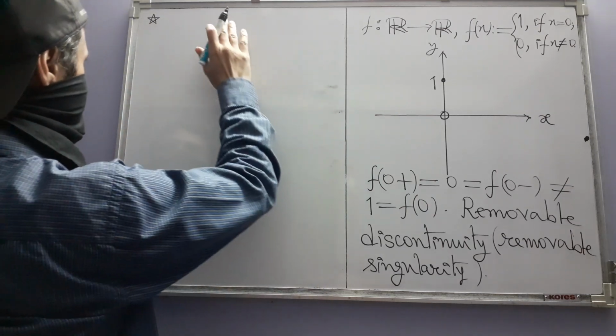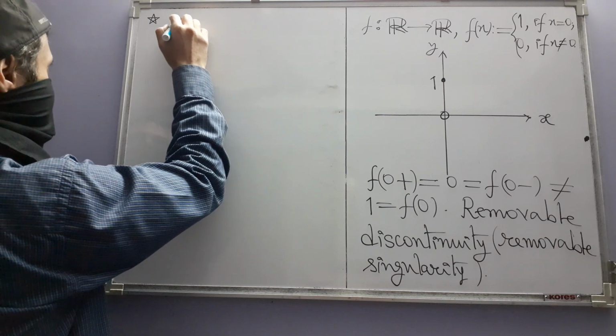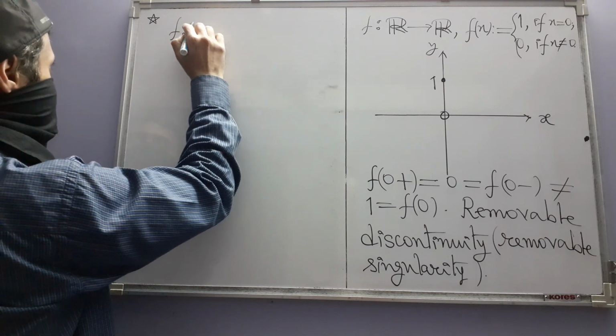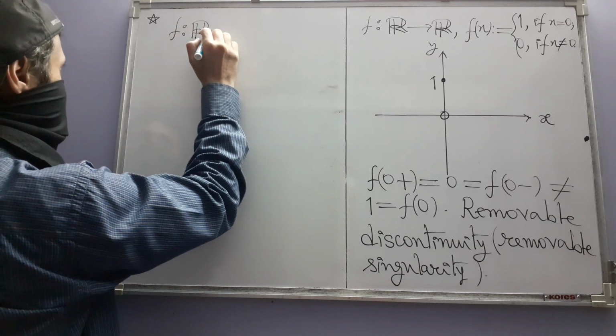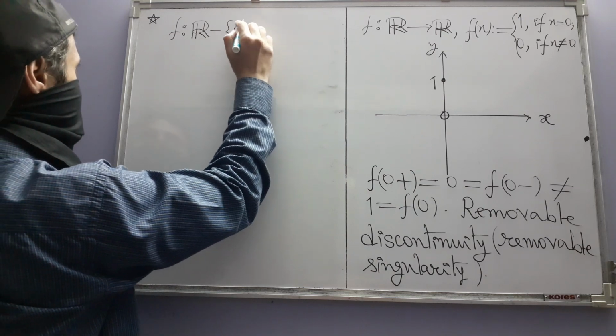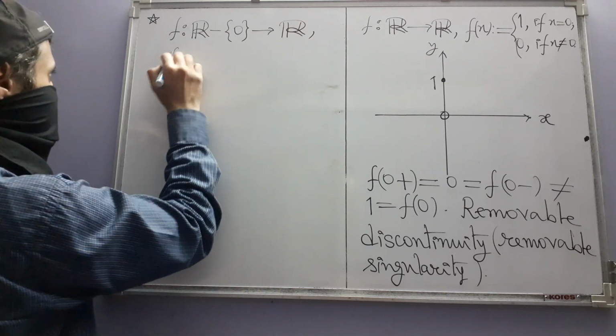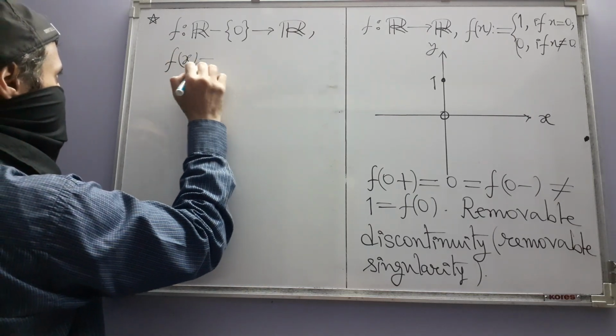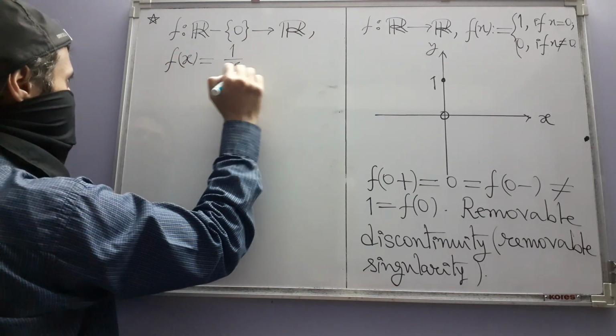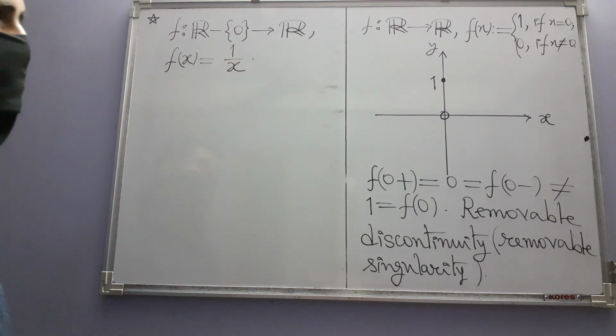For that, we need to just consider this function. f of x is 1 over x. That is the ordinary reciprocal function.